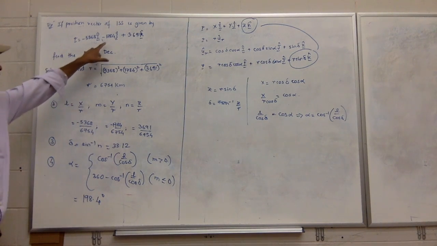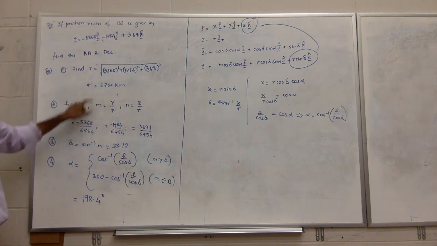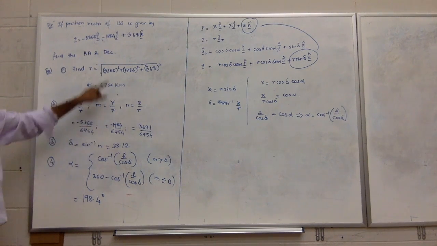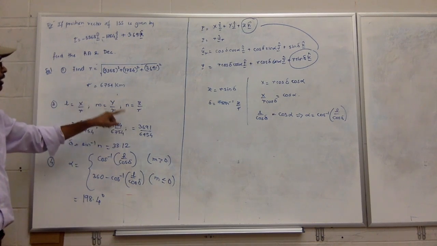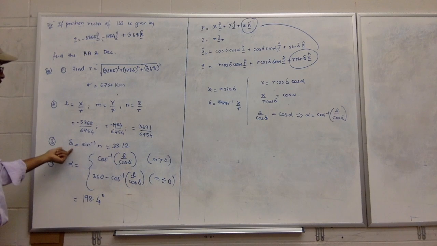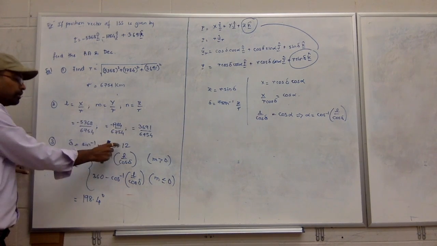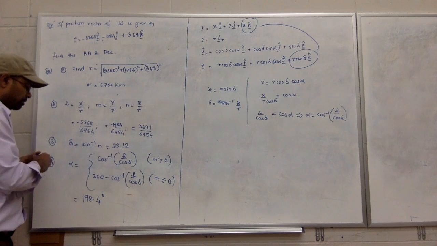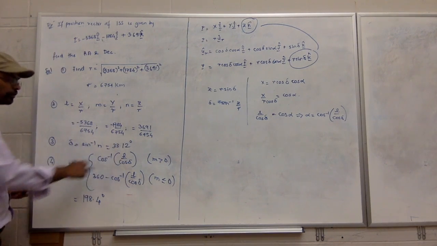Since you know y and R, you get m. You know z and R, you get n. Delta is essentially sine inverse n. Whatever value you get there, you'll get degrees. And alpha is one of these values.